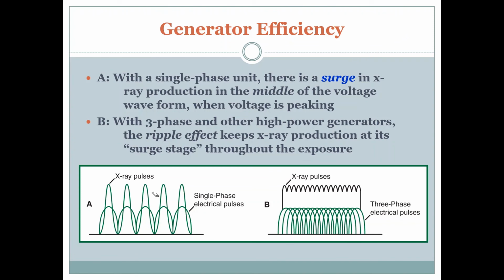Generator efficiency. So again, our generator is this piece of equipment that sets the electrical properties for your X-ray beam. Specifically, single phase units produce pulses of electricity, and in turn pulses of X-rays, and do not make X-rays the entire exposure.